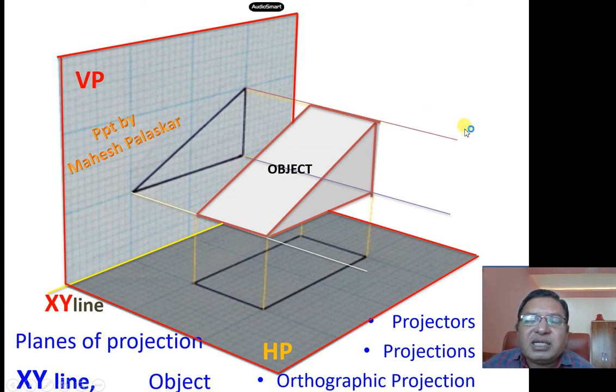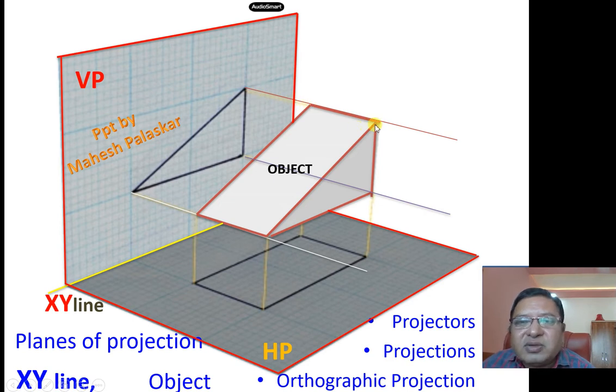Then the third projector is also important. These three projectors are important. Actually, we can show several projectors, but these projectors are important here because here the object is changing its shape, and these are the corners. So these three projectors are only shown here. This is the third projector.